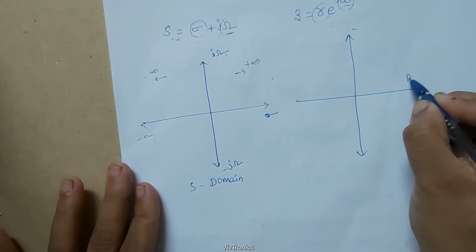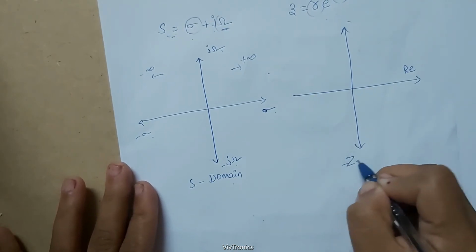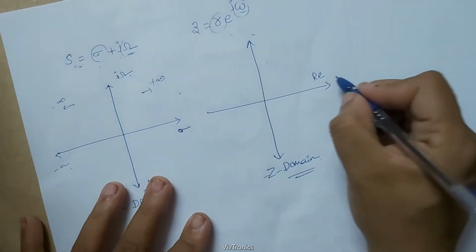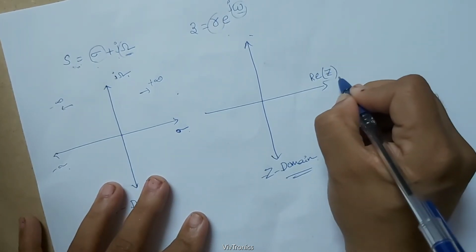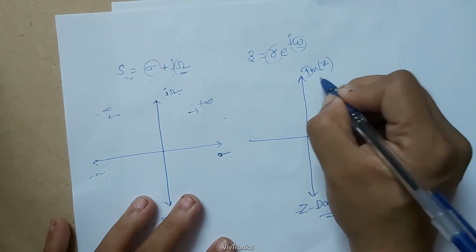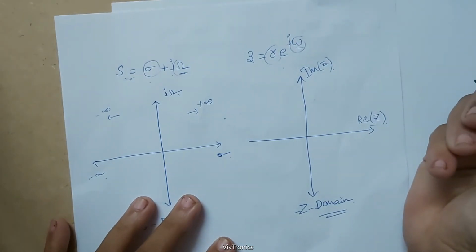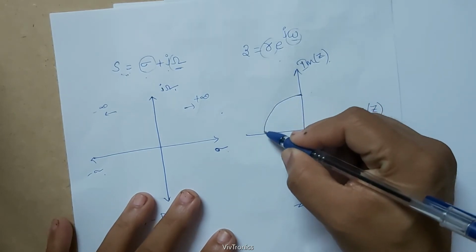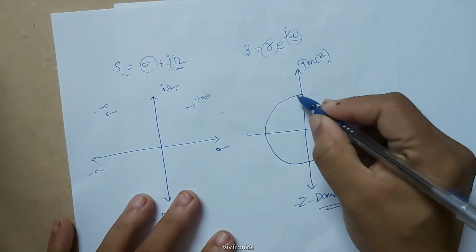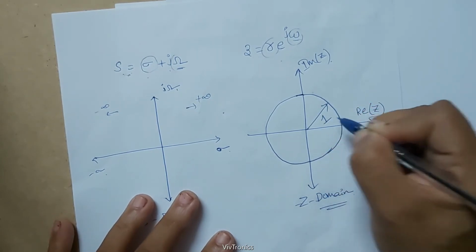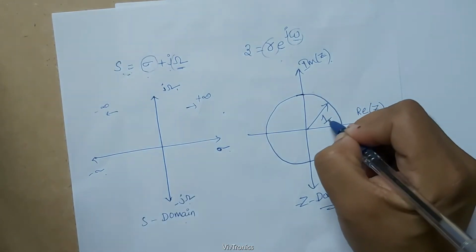When we talk about the Z domain, the discrete or digital domain, this axis is called the real part of Z, and this axis is called the imaginary part of Z. The region of convergence of the Z transform is always a unit circle, that means the radius of this circle is 1.